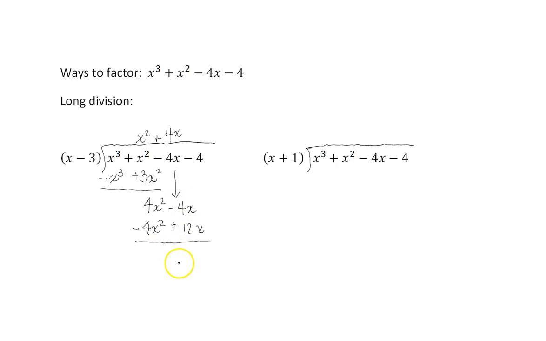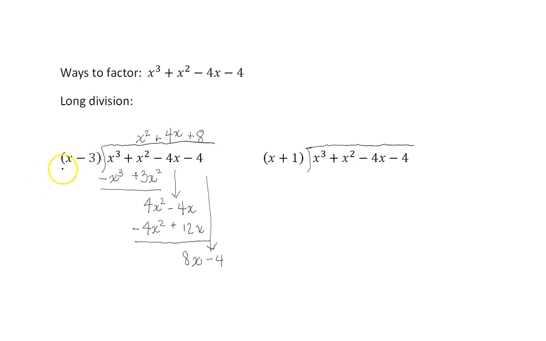Here I have a positive 8x minus 4, right? That 4 is coming down from here. And now I'm going to use a positive 8.